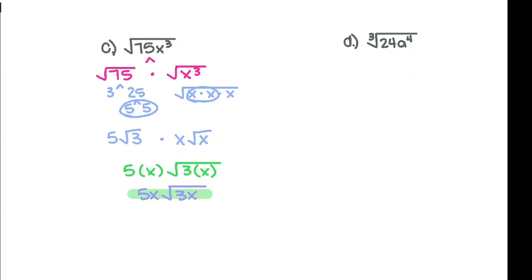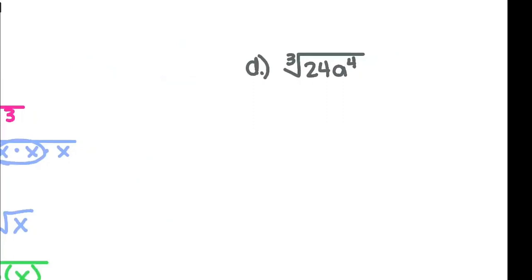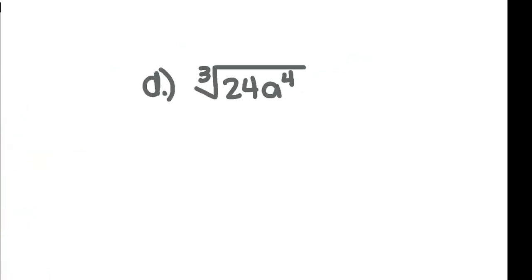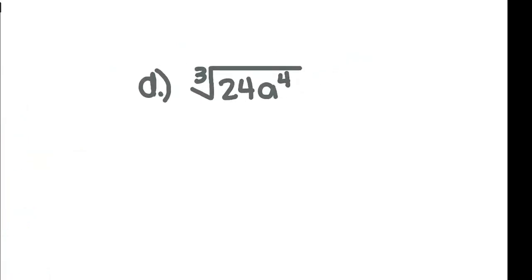We could do the same thing with D and use the same method, or we can do it a little bit different. Sometimes I like using the first way that we just did in example C because it's not as long and drawn out. With D, the way that I'm going to do this is I'm going to find the prime factorization of the 24, find the prime factorization of the a to the 4th, and put the prime factorization of both underneath that cube root.